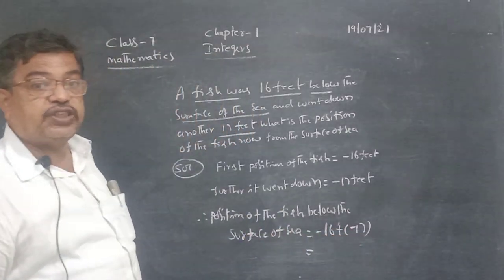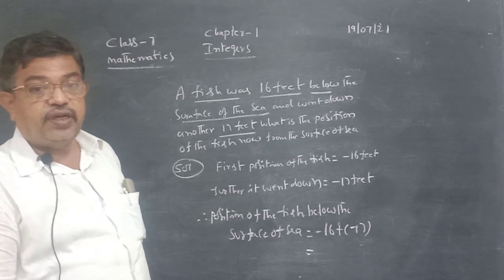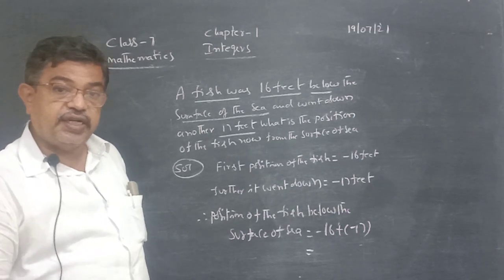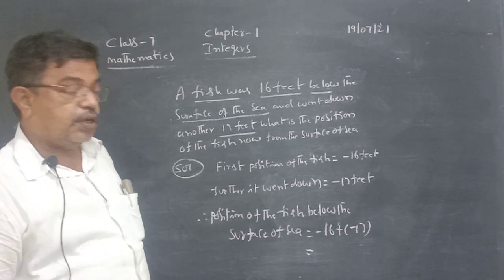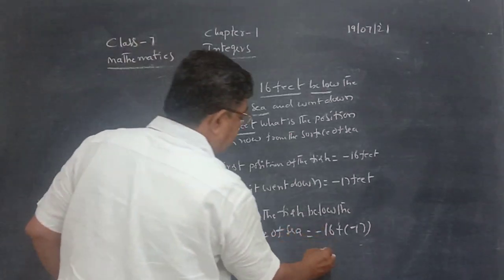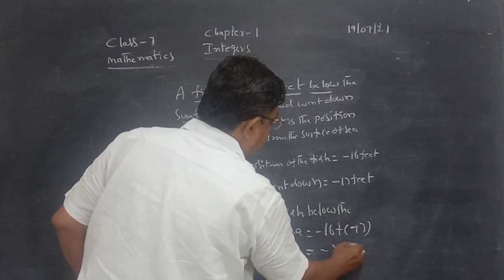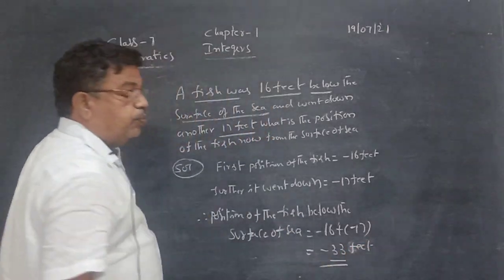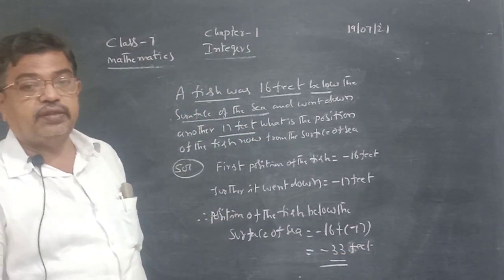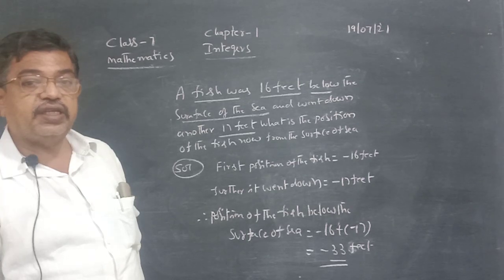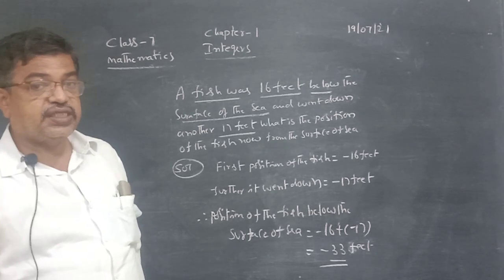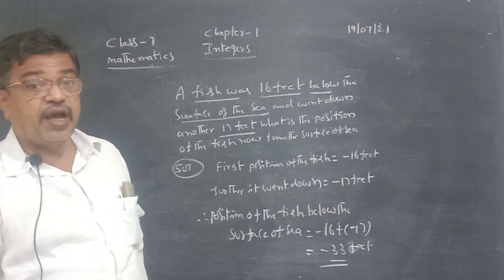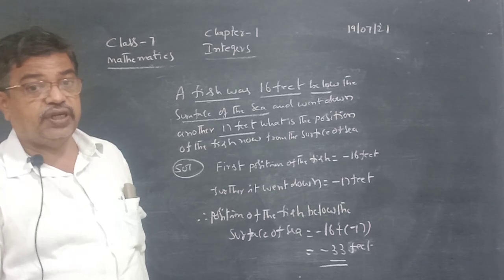Already it is 16 feet below the sea level, and from there it went another 17 feet below the water. Therefore, -16 -17, if you add these two, the fish is at -33 feet below the surface of the sea. Here both are negative integers. All this we can consider problems from our real life situation.